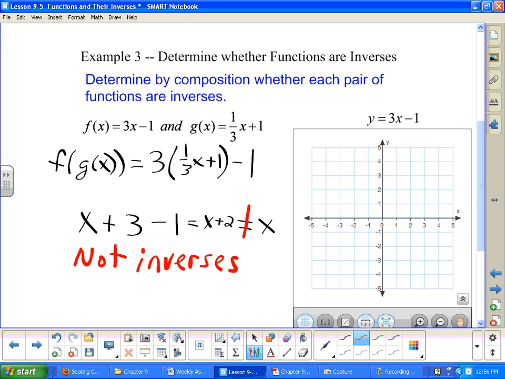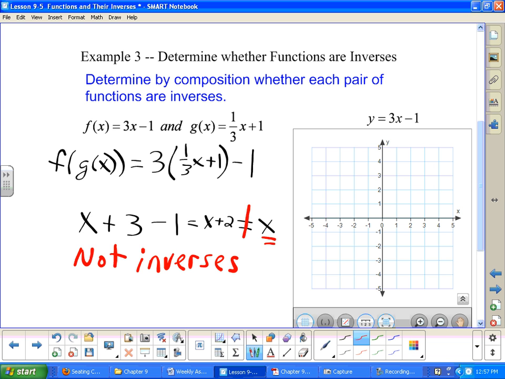So you're just using composition. We're looking to see if they equal x. If they do, then they're inverses. If they're not, then they're not going to be inverses. If it doesn't equal x, then they're not inverses.